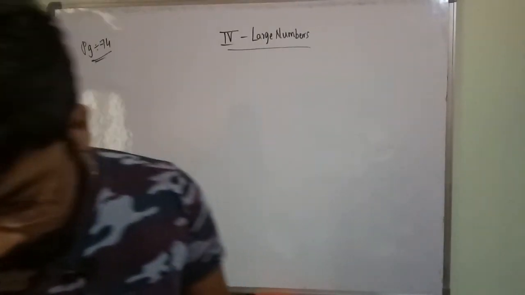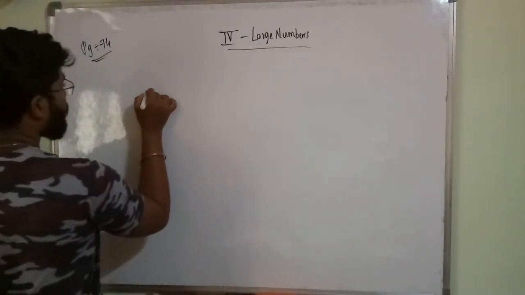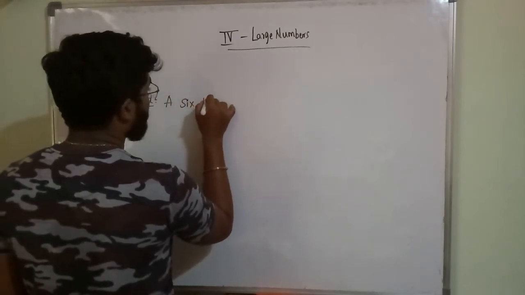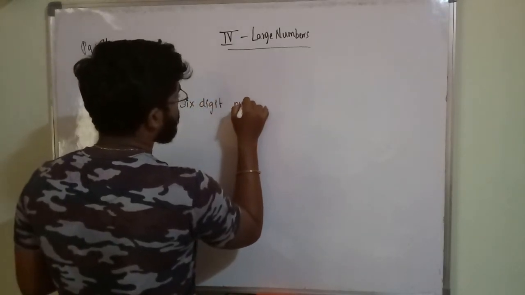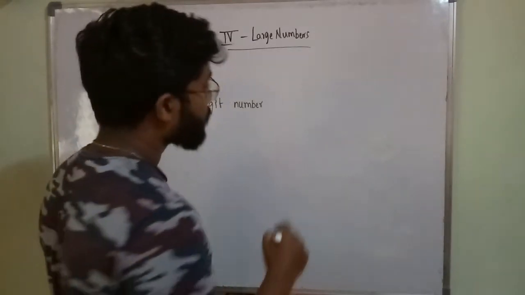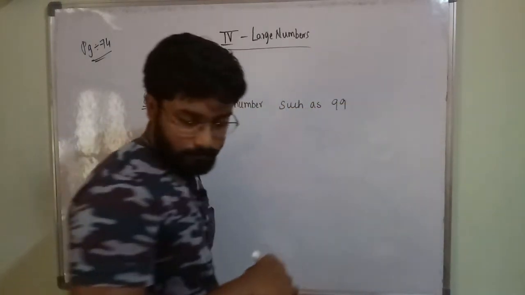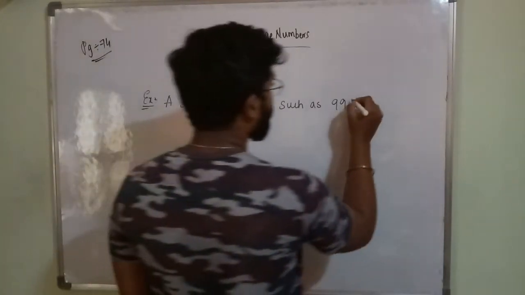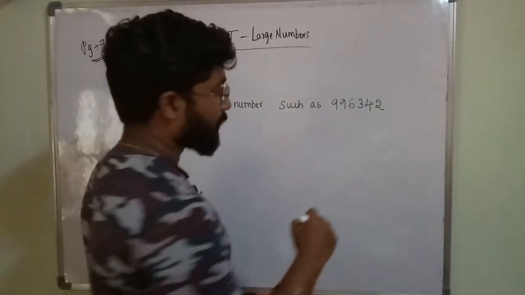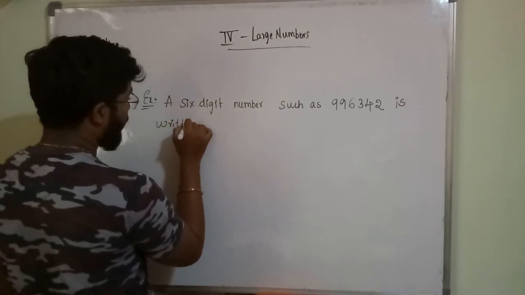Next one, a 6-digit number. Here he has given an example now. A 6-digit number such as 996342 is written, according to the international system, like this.